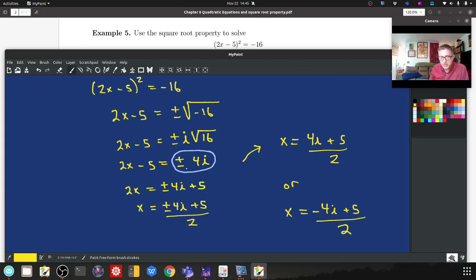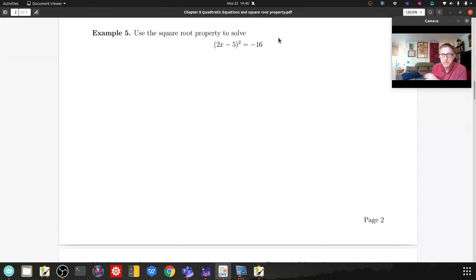So that's the reason I circled this right here. The plus or minus only extends to this quantity, 4 times i. So the only thing that gets the plus or minus change in my answer is the quantity 4i. In one case it's plus, and we don't bother to add the plus sign. And in the second case, it's minus.